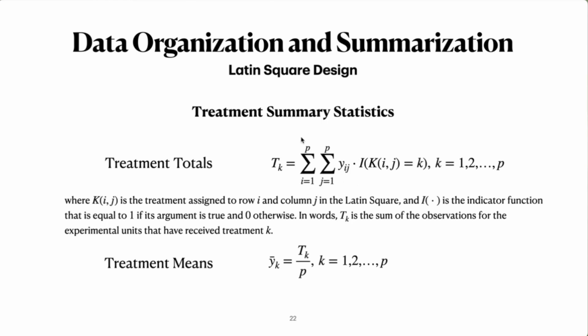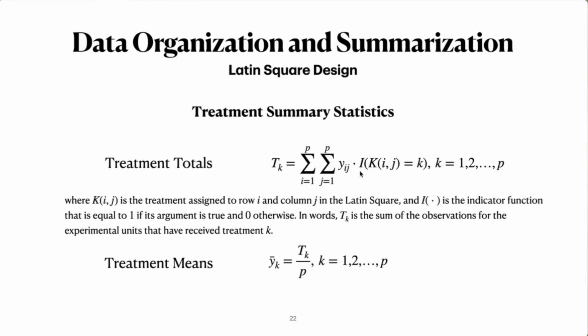Notice that I'm summing over all of the experimental units, all of the cells in the Latin square table for the experiment, I going from 1 to P, J going from 1 to P. Each term of the sum is a Y sub ij, the observation in row I and column J of the table, times this function I. This function I is an indicator function that takes on a value of either 1 or 0.